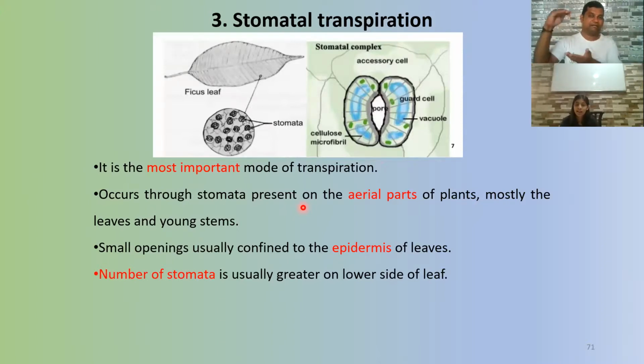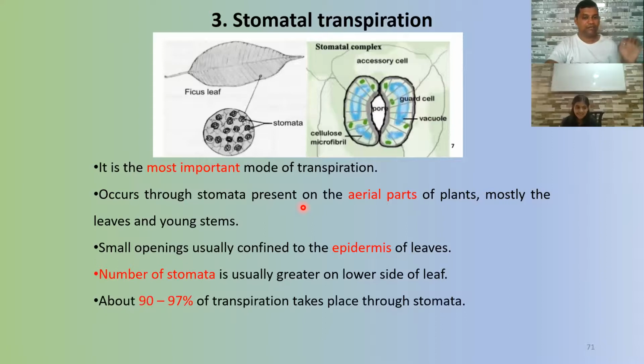The upper side is exposed to the hot sun, while the lower side does not face the sun directly. If there were more stomata on top, water loss would be very high; being below, the loss is comparatively less. Around 90 to 97% of transpiration takes place through stomata.